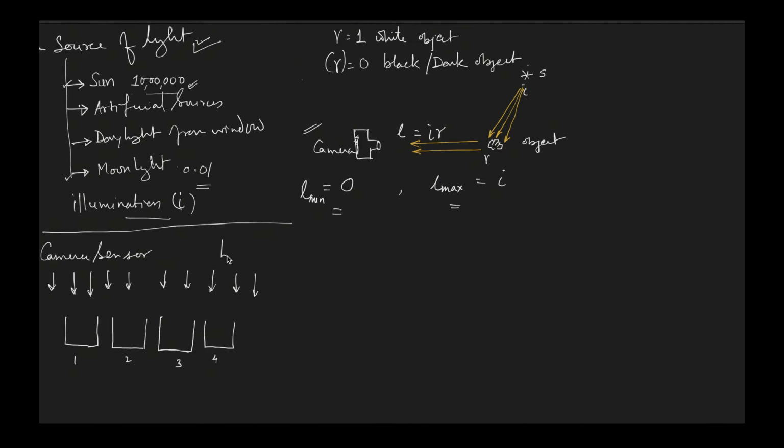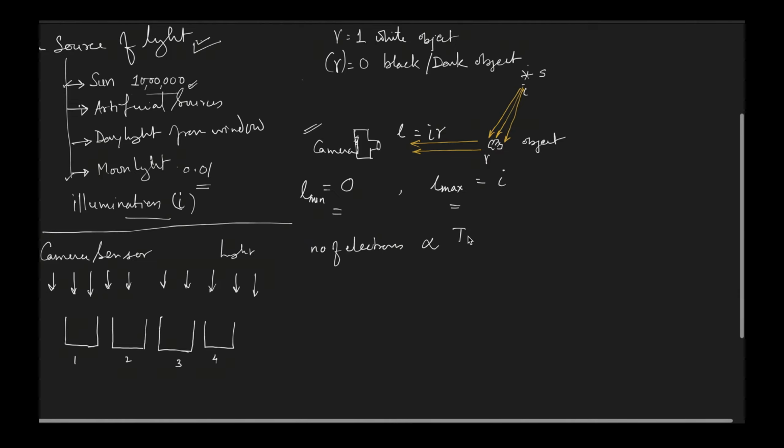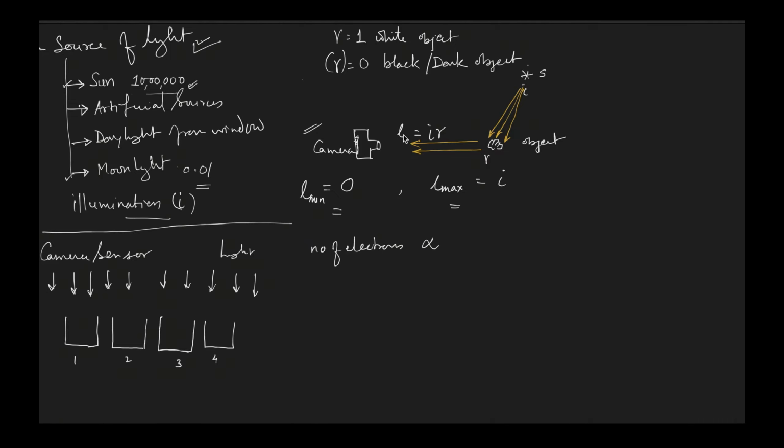This is the light which is incident. So you know that the current in the photodiode, or number of electrons liberated, is proportional to intensity of light, which in this case I am calling as I, or to be more specific I am calling as L.